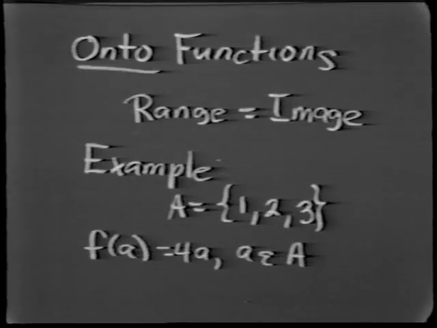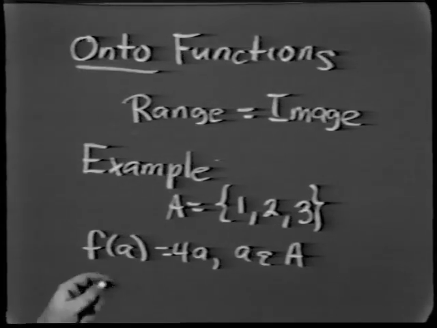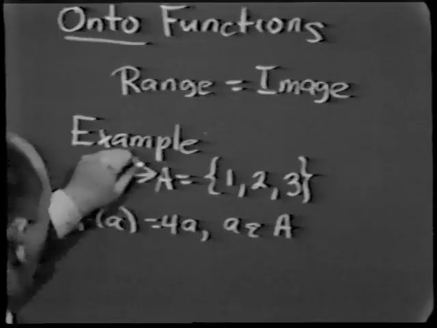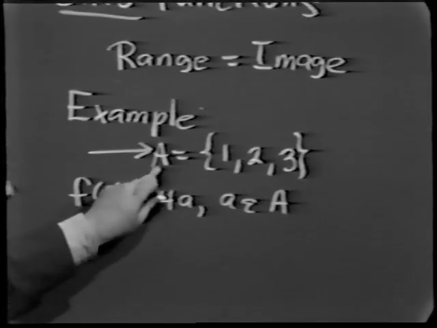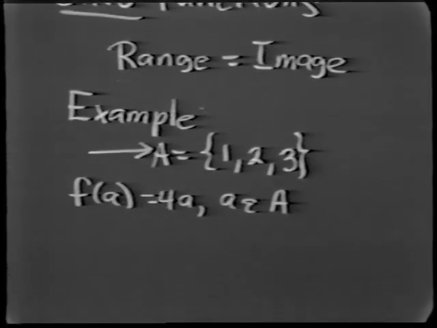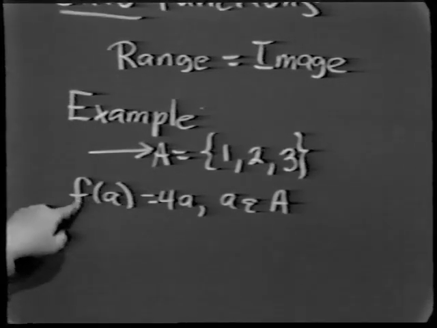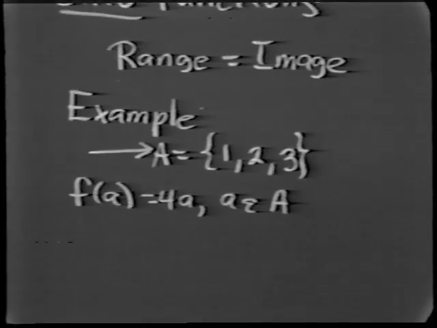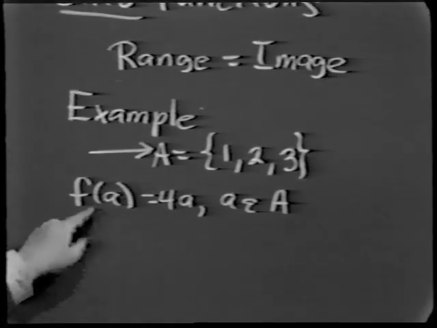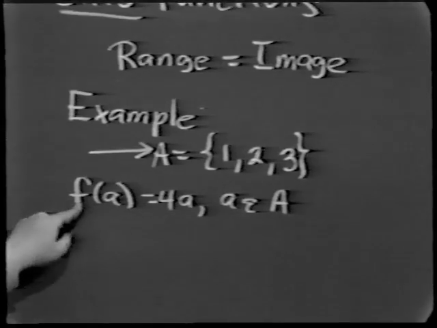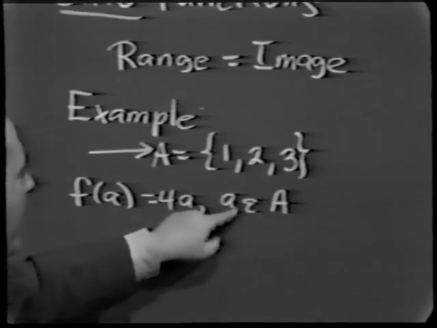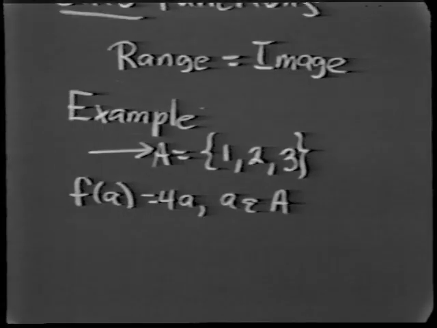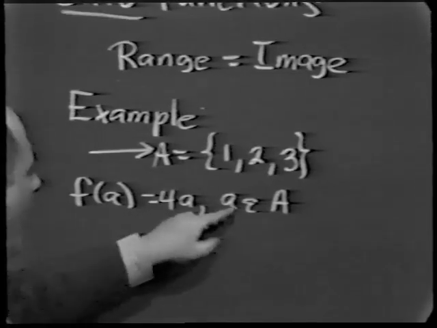The example I have in mind is this, and this happens many, many times in mathematics. One begins with a set. In this case, I picked A to be the set consisting of the numbers 1, 2, and 3. Frequently, one defines a function explicitly on A without any regard to a second set B. For example, in this illustration I've said, let f of a be 4a for each a in set capital A. Well, what are the elements of capital A?